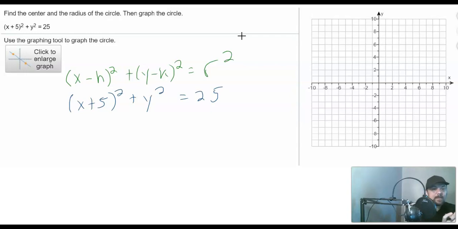And when you line up the h and the k and the r, that's going to give you the center and the radius for the circle that you're dealing with. So remember, the center is at h comma k. So once we identify the value for h and the value for k, we put those two numbers together, and that will be the center of the circle.